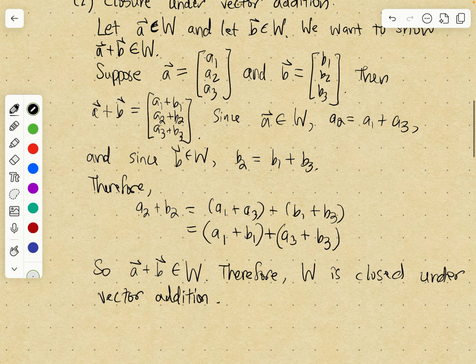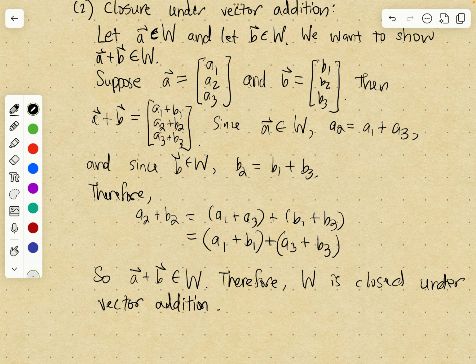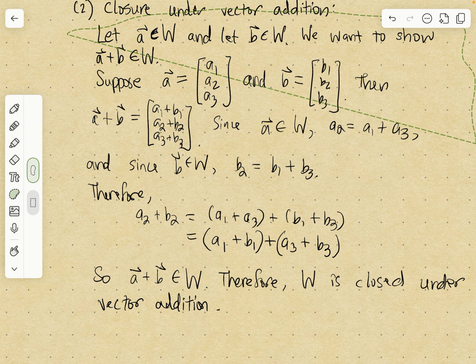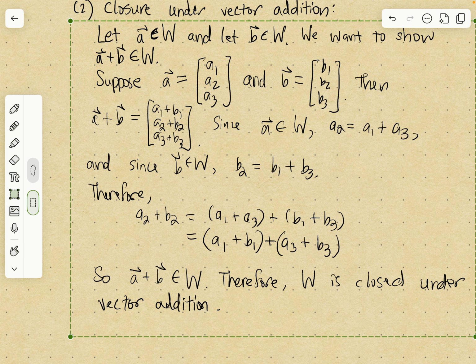So to me, this is like a model proof. This is as perfect a proof of closure under vector addition as it can get. Okay, so you start off with two elements of W, and you add them and show, using the properties of W, that the sum is in W, and then you conclude that W is closed under vector addition.